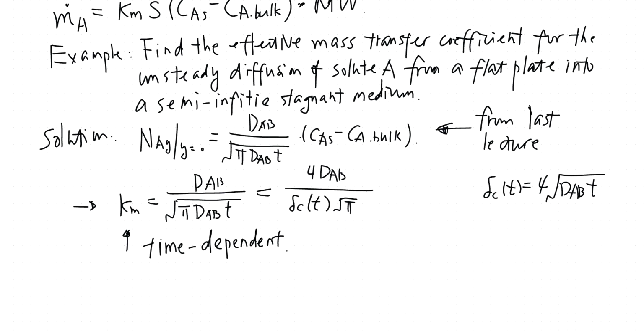So as you can see, as time increases, the boundary layer thickness increases. And then it will give you a decreasing mass transfer coefficient with time. This reflects the physical intuition that as the solution penetrates deeper into the stagnant medium, the resistance to mass transfer grows.